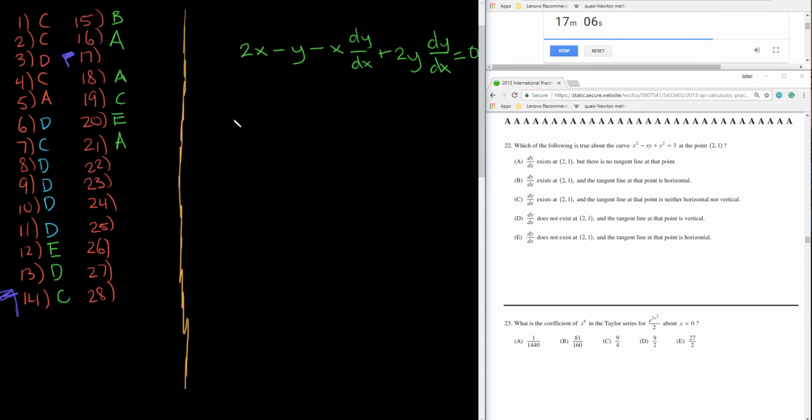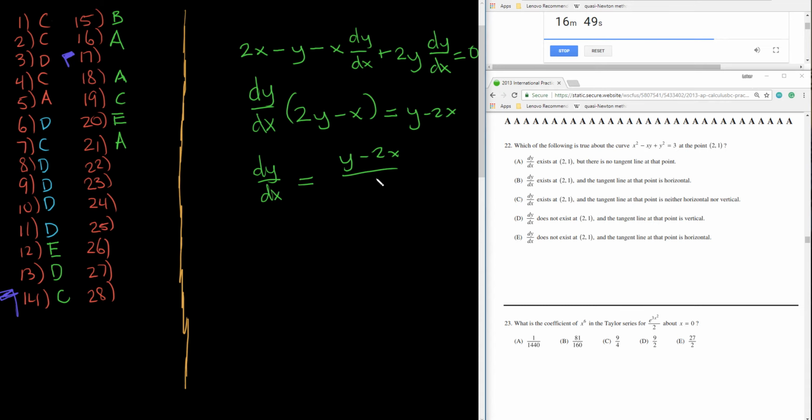So here we have dy/dx times (2y minus x), just factoring that out, equals y minus 2x, just adding y and subtracting 2x. So we get that dy/dx at an arbitrary location equals (y minus 2x) over (2y minus x). So dy/dx at (2, 1) means y equals 1, x equals 2.